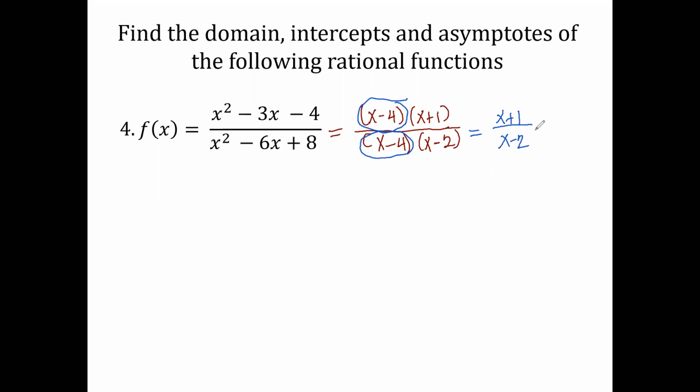So let's identify the domain. What is the domain of the function f in set builder notation? It's still x such that x should not be equal to positive 4 or positive 2.